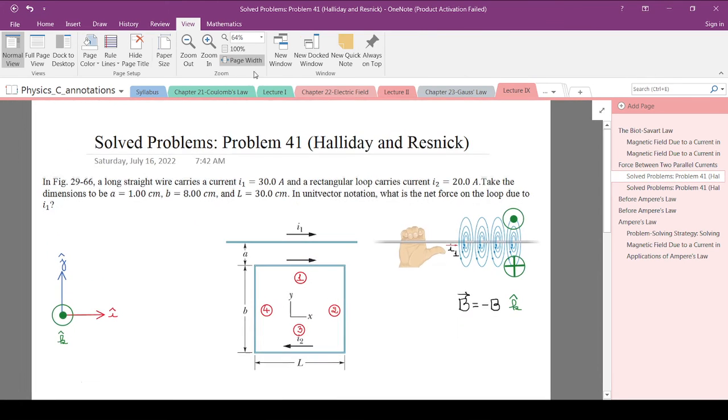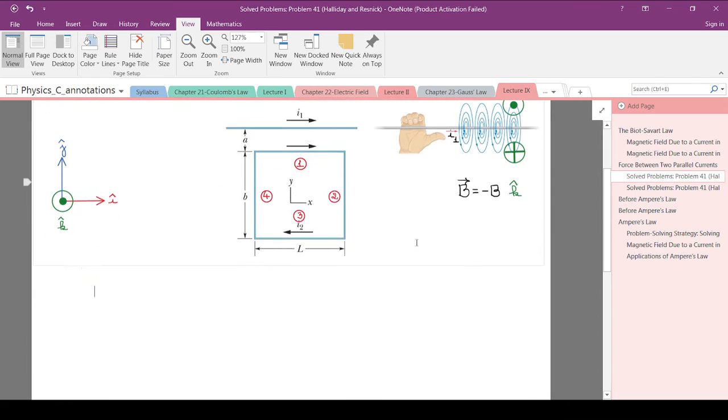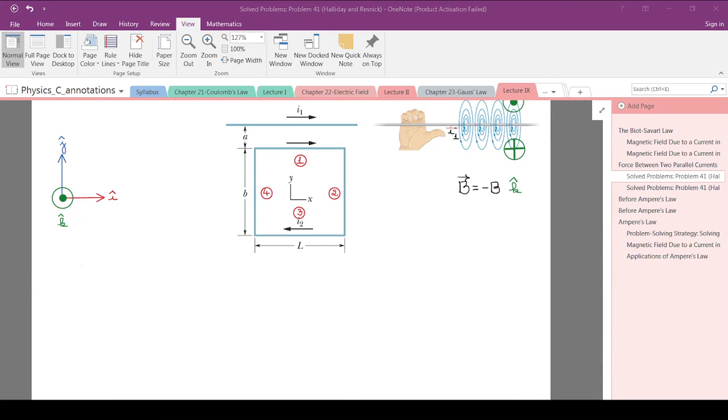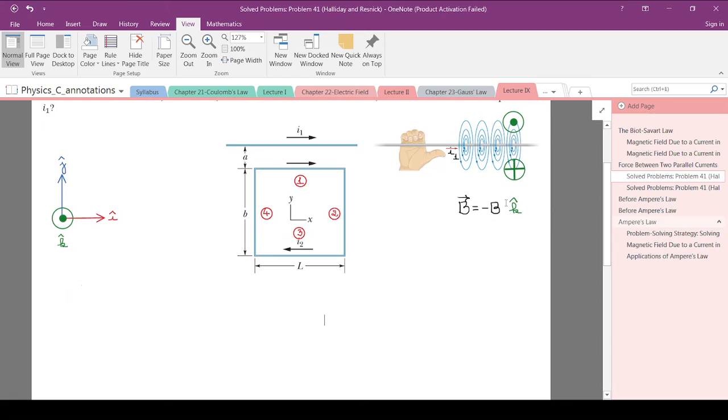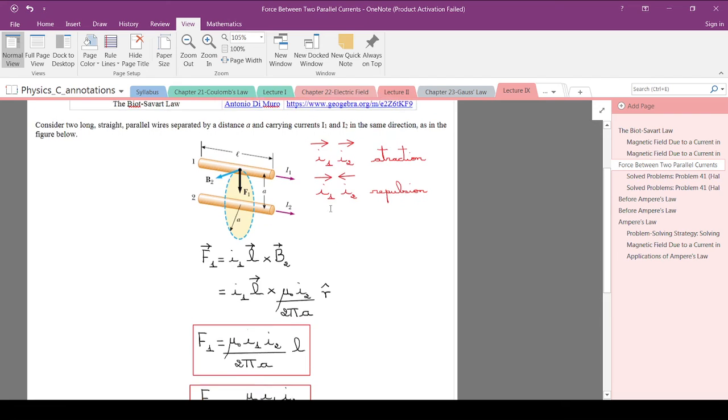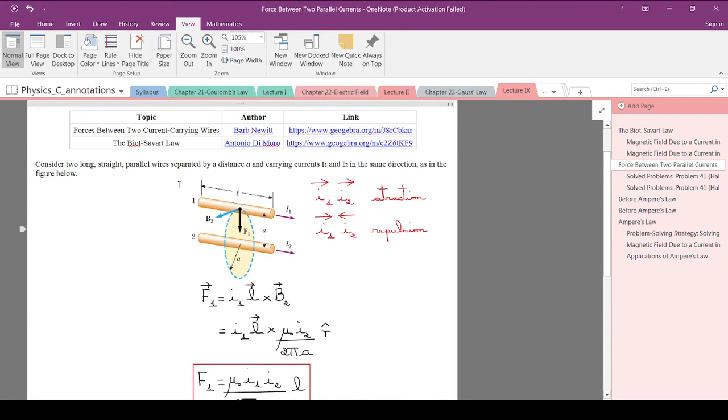If I don't have time, I'm going to leave the video for you guys on our web page later. But it's just one application of how to apply what we just learned in a problem from the textbook.